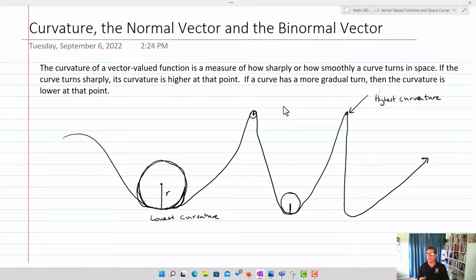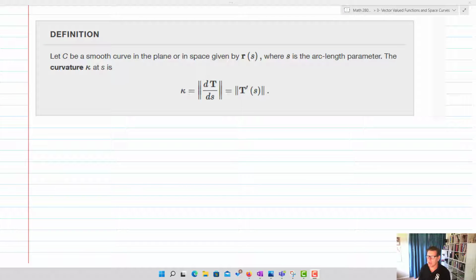So whenever we're given the curvature of a line in space, what we're really being told is how sharp the turn is at that particular point, and that's what the curvature tells us. So here's our definition of curvature from the perspective of the work that we've been doing with vector-valued functions. We're going to let C be a smooth curve in the plane or space given by r of s, where s is the arc length parameter. Remember that our function has been parameterized in such a way that whatever value s is, that is the arc length of our curve.